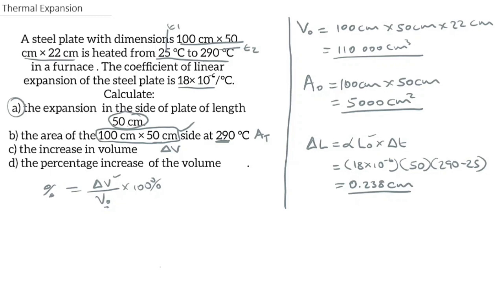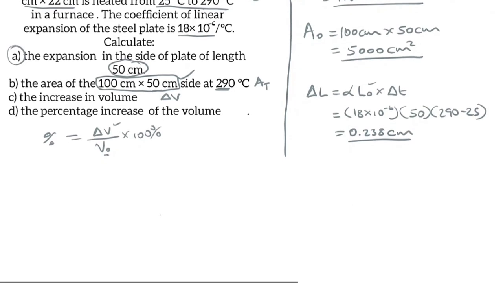Now they say you must calculate the area of the 100 centimeter by 50 centimeter side at 290 degrees Celsius. That means we must first calculate the change in area. But first we have to calculate the coefficient of area expansion. The coefficient of area expansion is 2 times the linear coefficient.